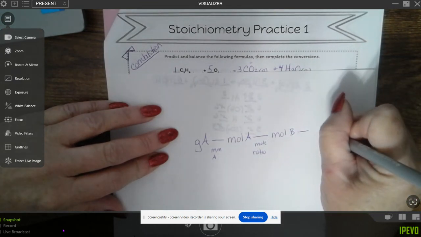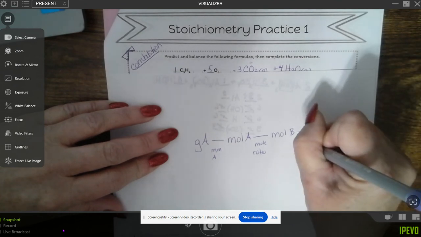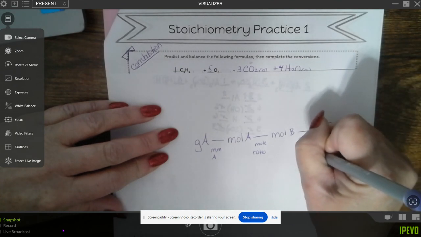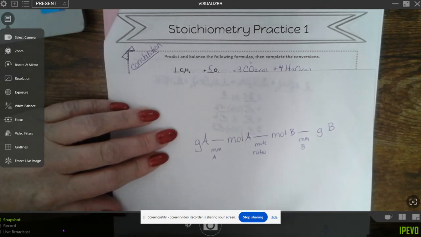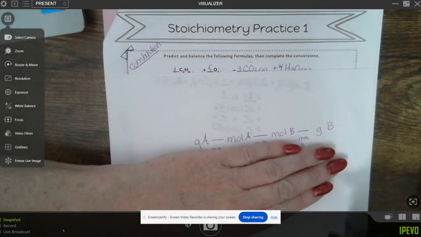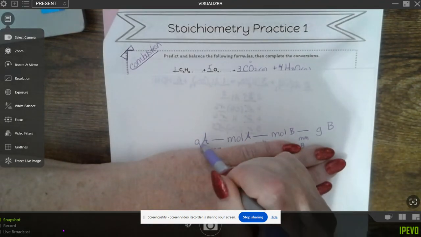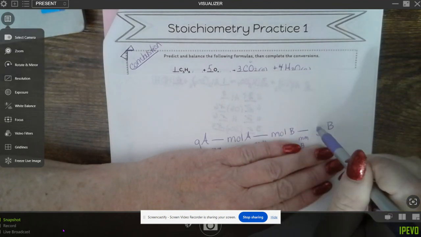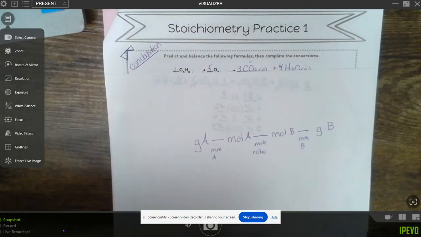And then we can go to grams of B using the molar mass of compound B. On a test, you will get grams of A to moles of A to moles of B to grams of B. Okay, that's all you'll get on the test.